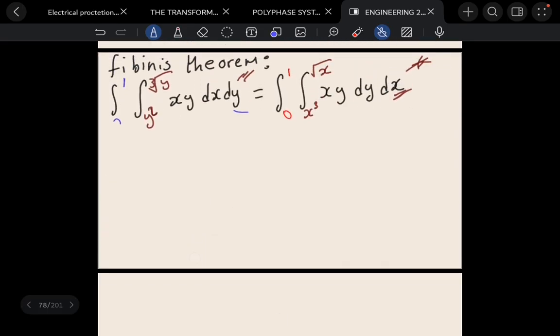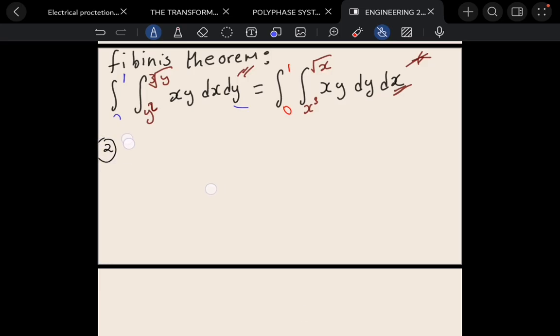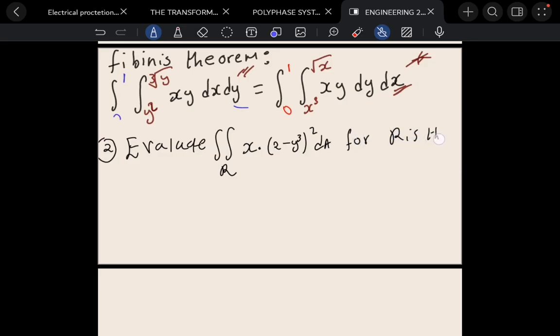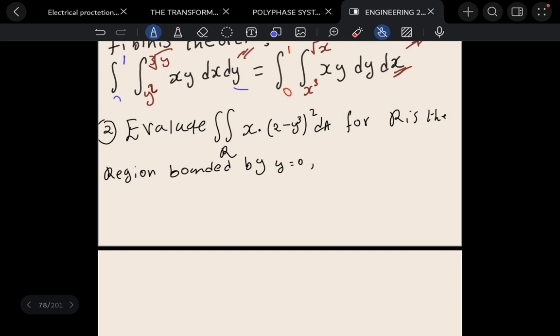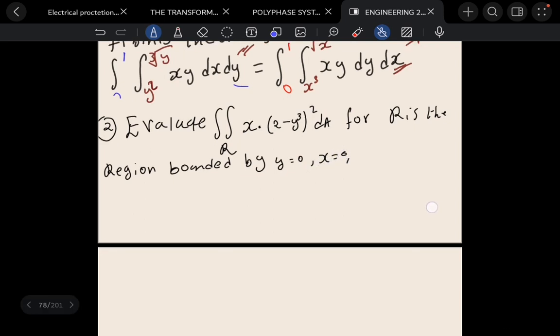This was number 1. Number 2, evaluate the double integral of x times (2 minus y cubed) squared dA, for R is the region bounded by y equals 0, x equals 0, and y equals 2 minus x squared, like that.